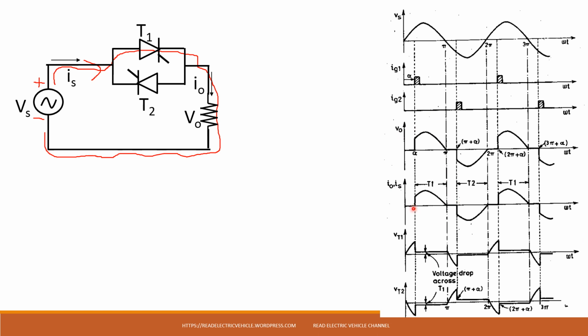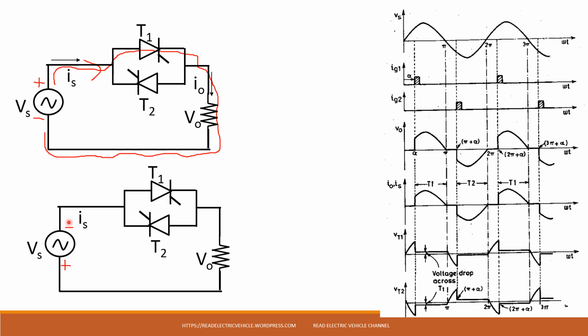Now during negative half cycle, when you give the gate pulse for T2, thyristor T2 will conduct and current flows in the opposite direction. So you can see here I0 direction is reversed.